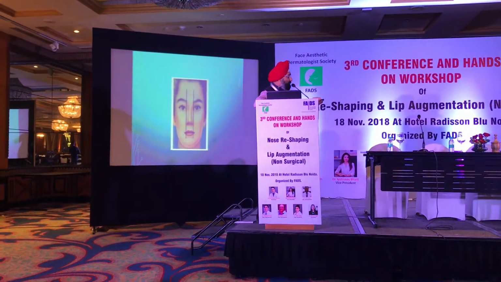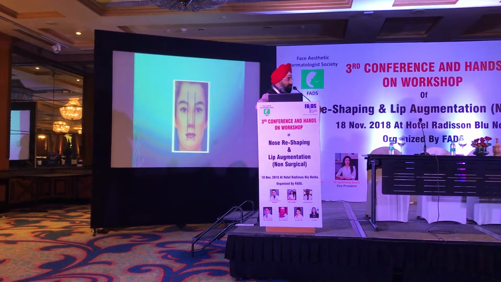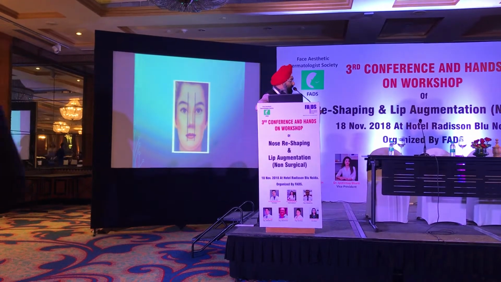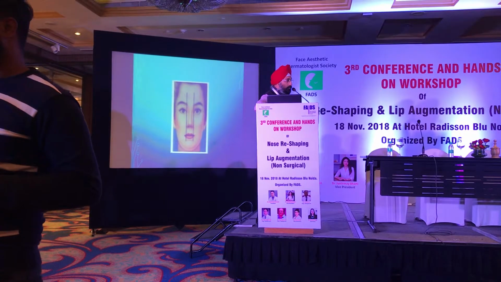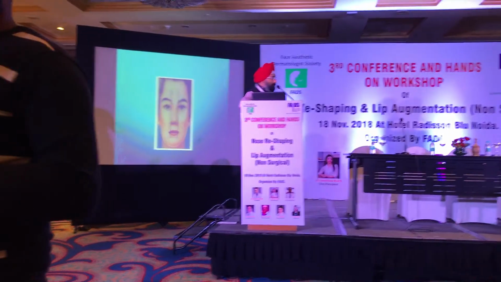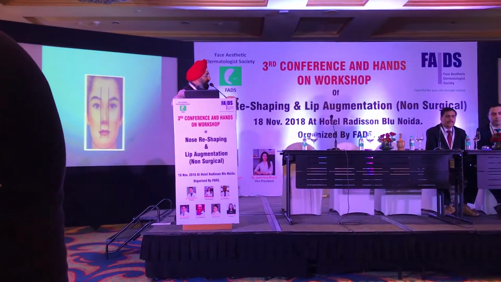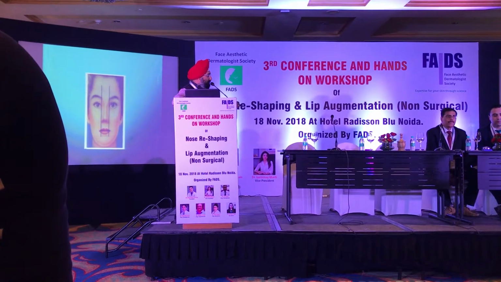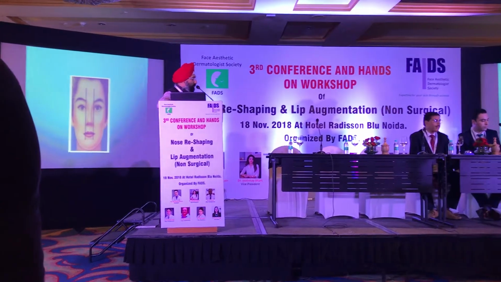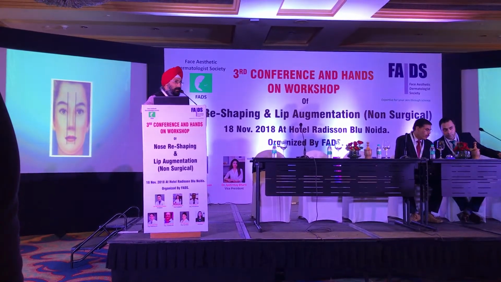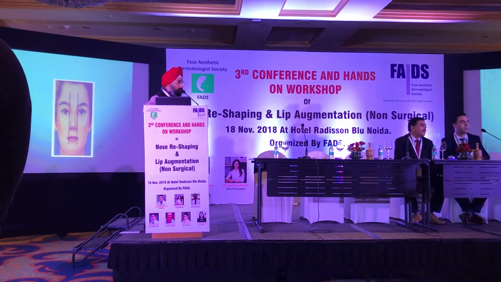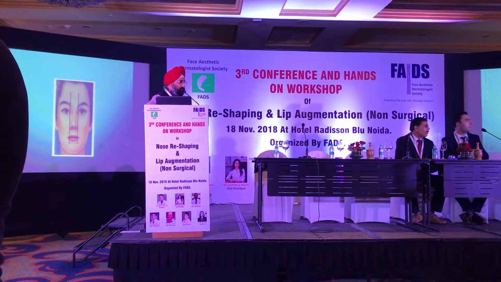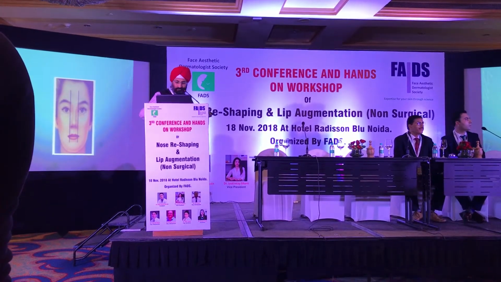The ala base is equal to the intercanthal distance, and the angle of mouth has to be 1 to 2 mm shorter than the angle of mouth. So if any part of the ala extends beyond your intercanthal distance, that's called nasal flare. We have to correct that, mostly surgically, but non-surgically we can reduce it by a few methods which we'll be showing in the hands-on session.